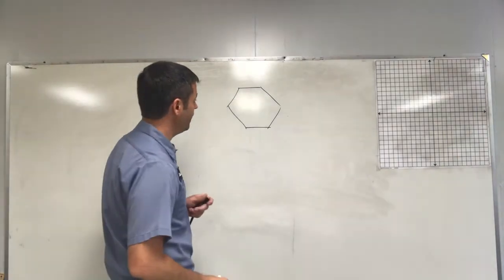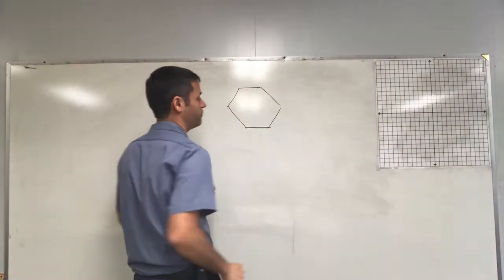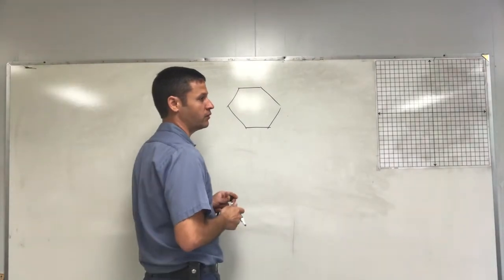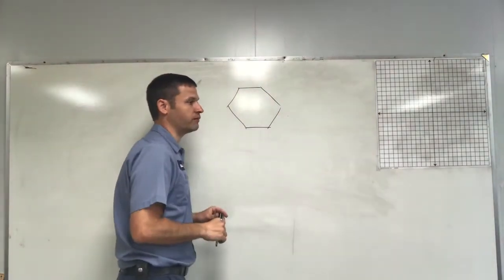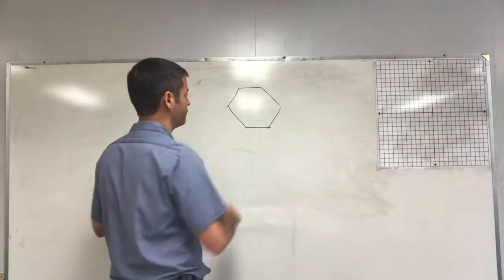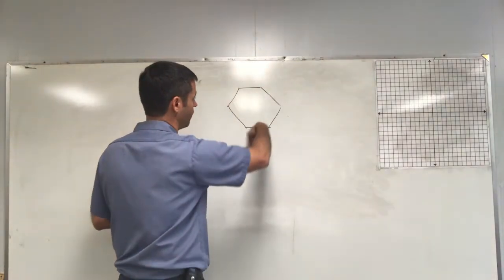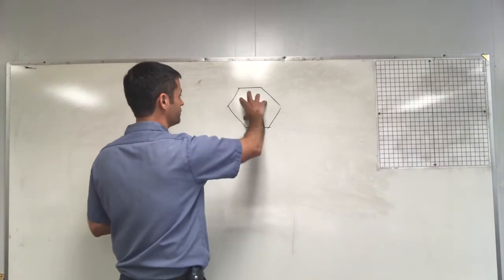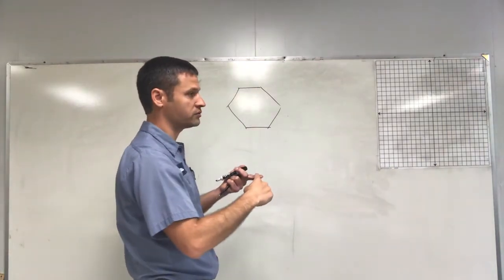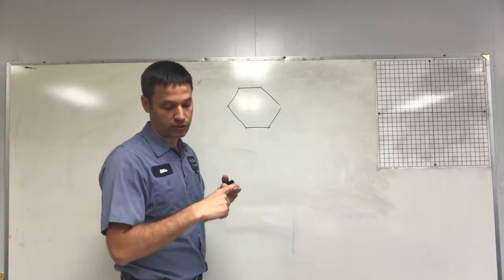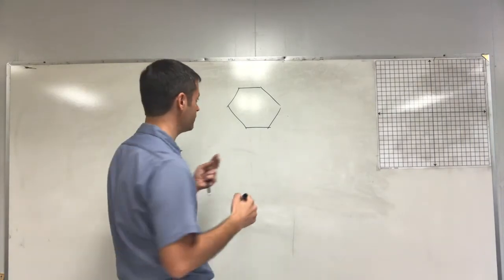So if a figure has rotational symmetry, the way you know is if it coincides with itself other than back around, which is pretty obvious. Every figure will coincide with itself once you get all the way back around. But if it does it before that, then it has rotational symmetry, and then you decide what is the angle of rotational symmetry and what is the order of rotational symmetry, and those two are related.